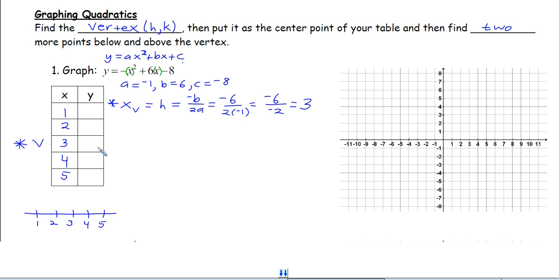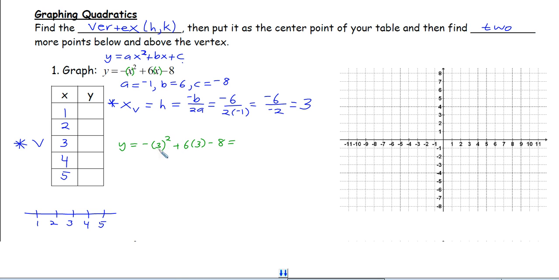I might start here, I might start here. Let's start with the vertex. If I did plug that in, that would be y equals negative of 3 squared plus 6 times 3 minus 8. Well, 3 squared would be 9, order of operations. That negative's on the outside.